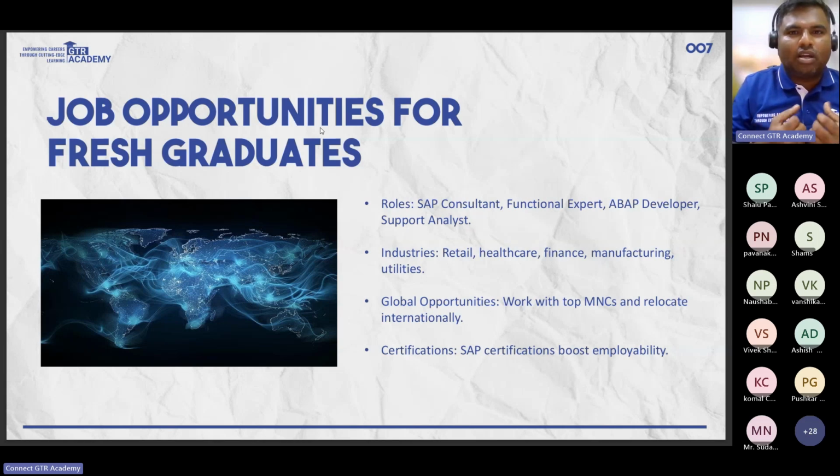Once you have sufficient knowledge of SAP operations, functionality-wise and business aspects, you become a functional expert. And if you are interested in coding, if you go for SAP ABAP, you become a developer, and in the coming days a solution architect as well. These are the roles you are going to play.